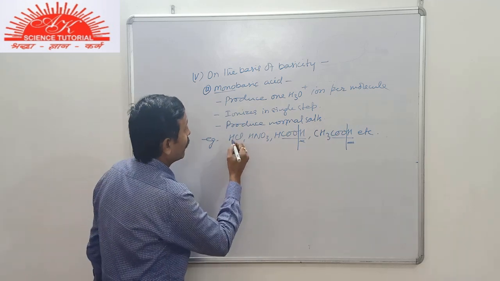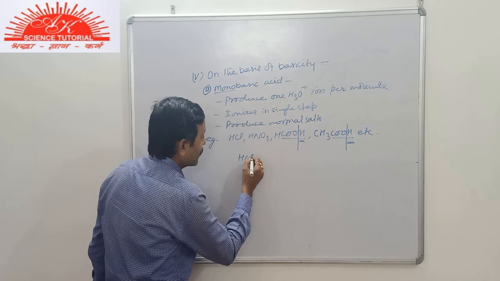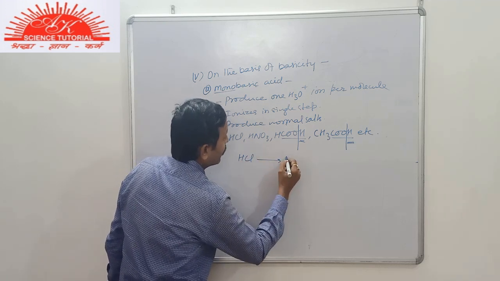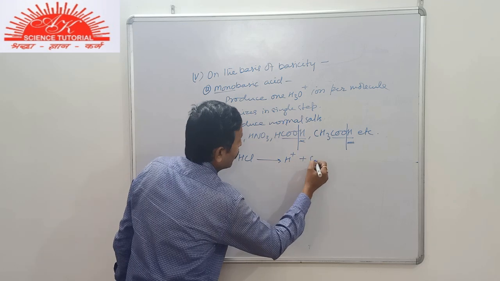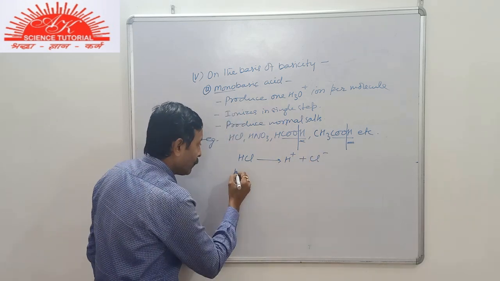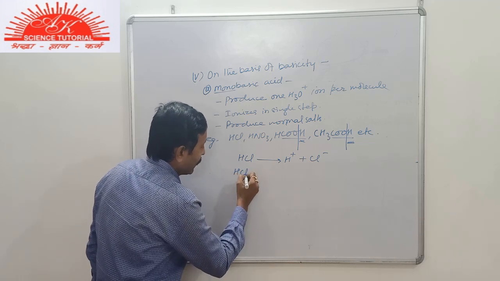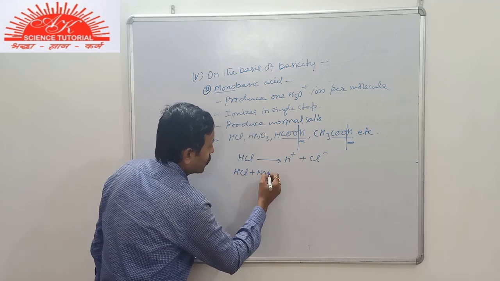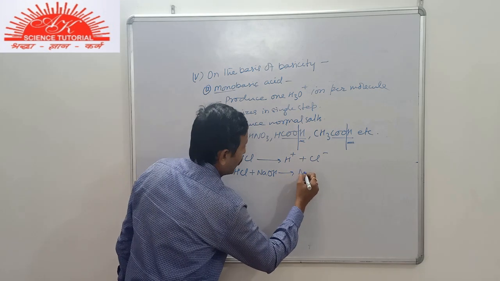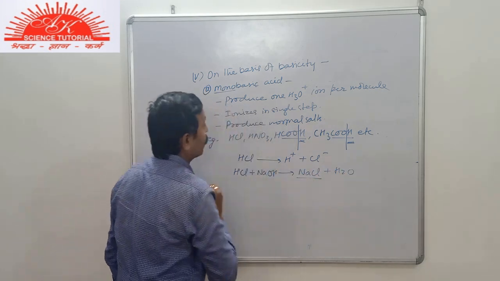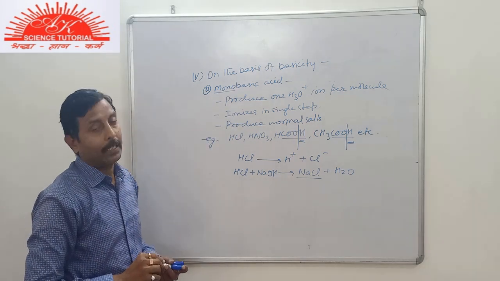Now according to the definitions, if HCl is dissolved in water, it gives H plus ion and Cl minus ion. If it reacts with a base, it forms normal salt, that is NaCl. So this is a monobasic acid.